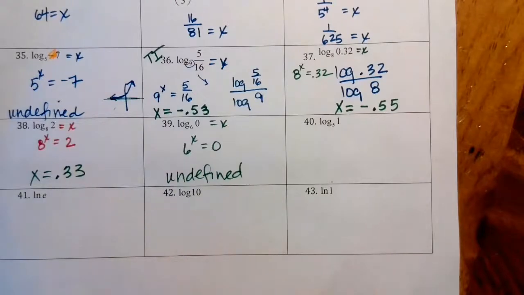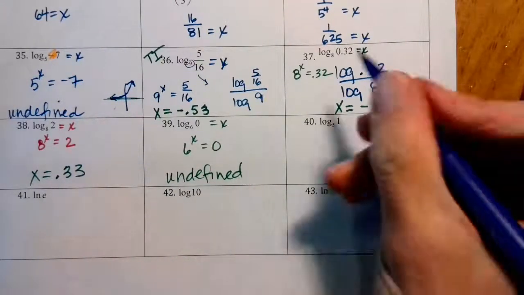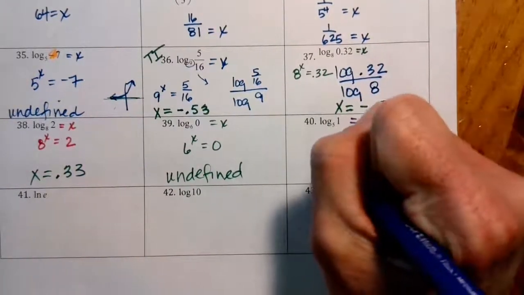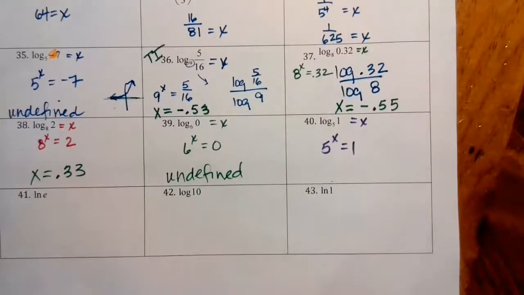All right, let's think about this. Is equal to x. So 5 to what power is equal to 1? You got it. That one is a part of our friendly numbers. Now let's say it wasn't a part of your friendly numbers. You can still use those calculator strategies to help you solve it for sure.